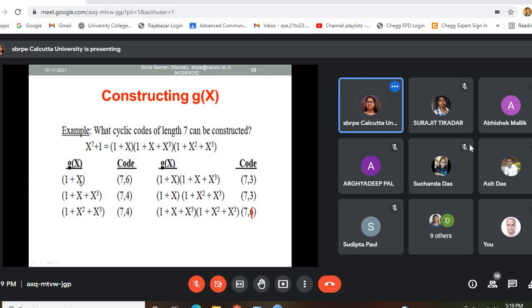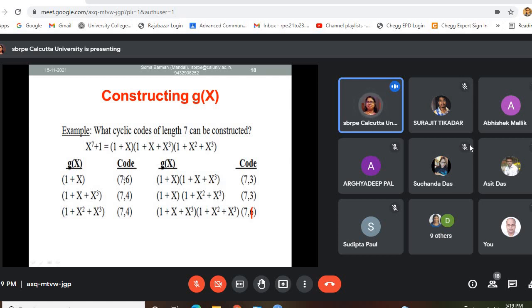Clear? So your n is 7, a cyclic code of length 7. But you are choosing here a polynomial of degree 1. That means 1 parity bit you are adding. Then how many information bits are there? As the length of the code is 7, that means 6 bits of information should be there. 6 plus 1 parity bit, that means 7.